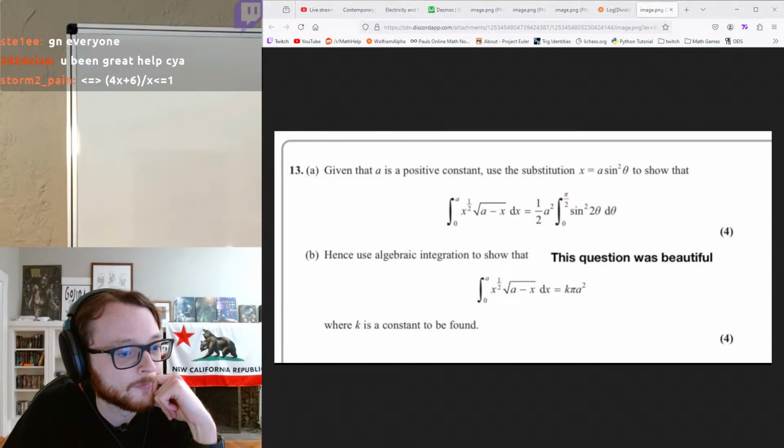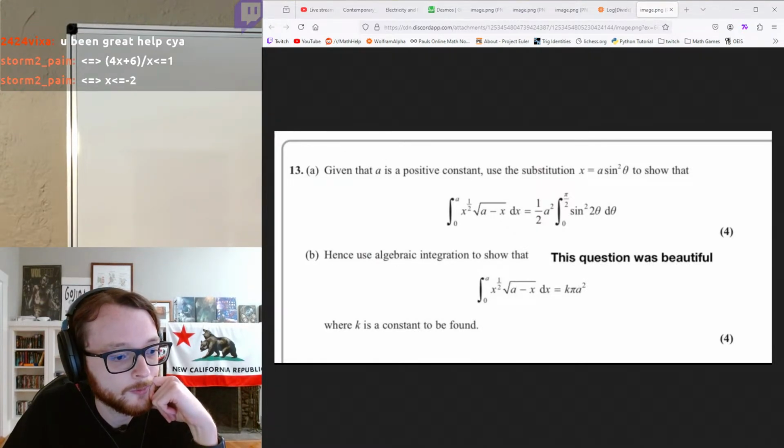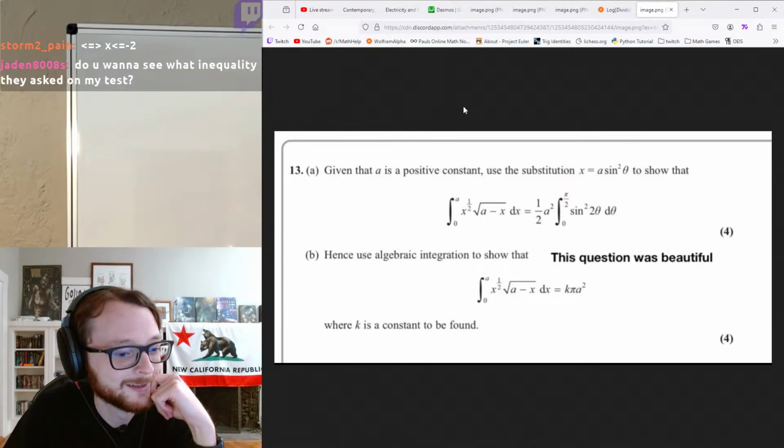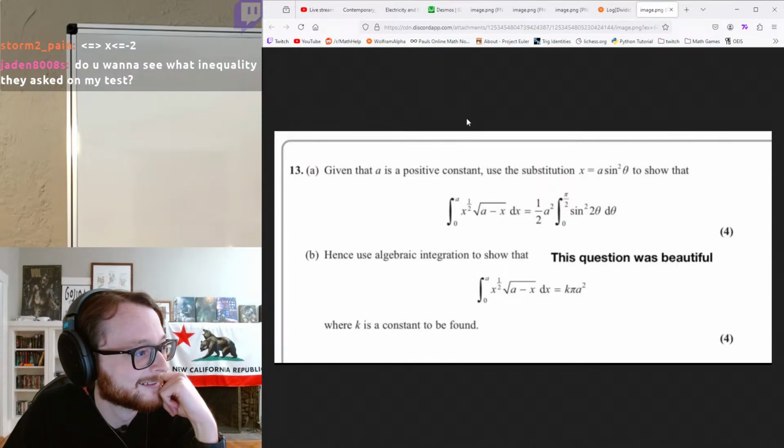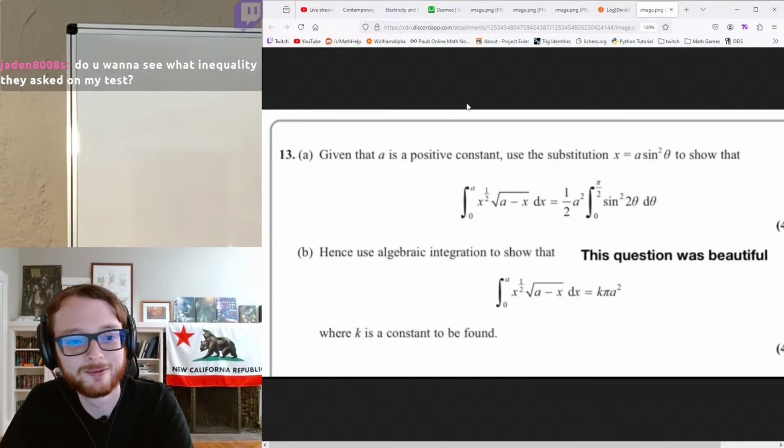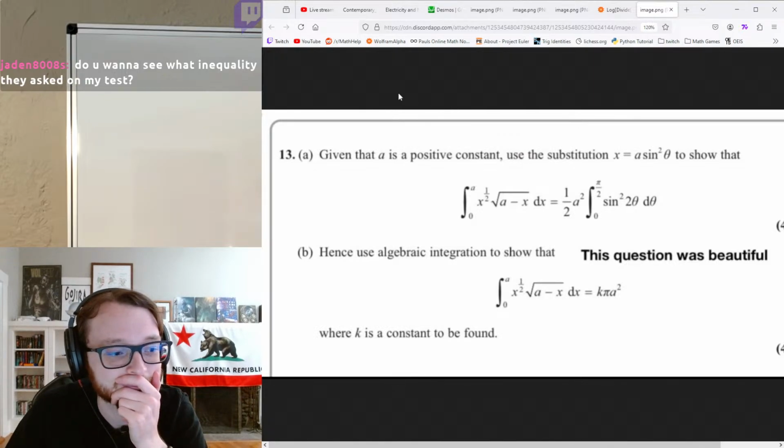All right, integration by parts. Are you still around? Sure, Jaden. I'm not going to solve it, but if you want to like look at it, and probably be impressed at how hard it is.